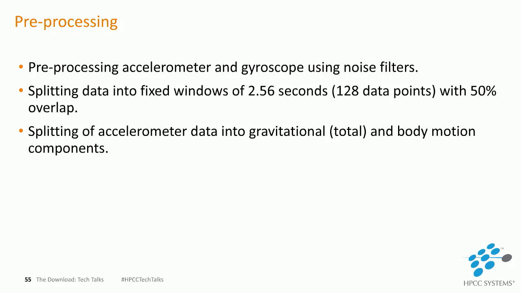So we essentially broke it down to 2.56 seconds with 128 data points each, and there was a 50% overlap. Also, the accelerometer data was split into gravitational and body motion components. Gravitational is your downward acceleration, whereas body motion is your linear or horizontal acceleration.